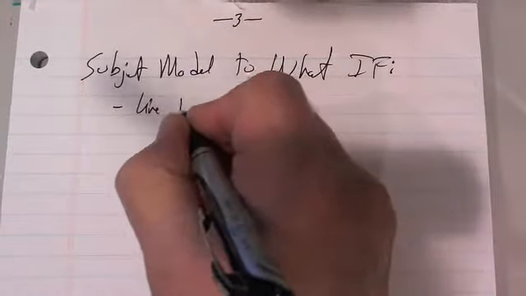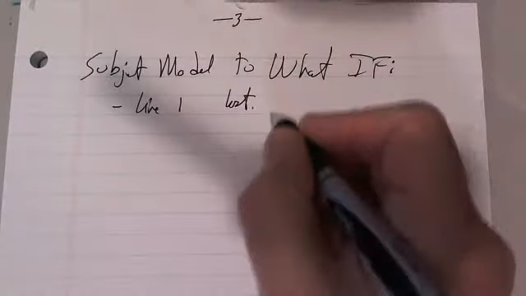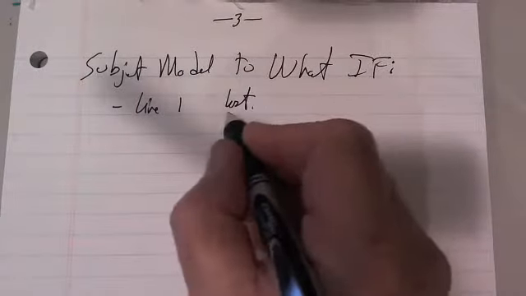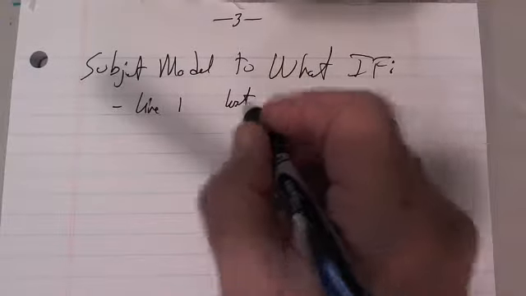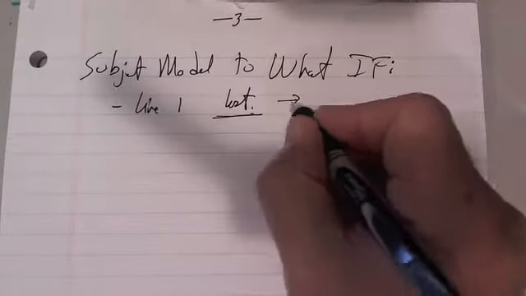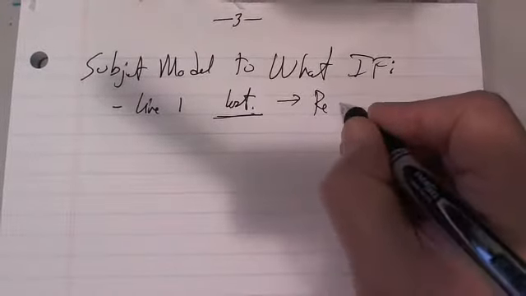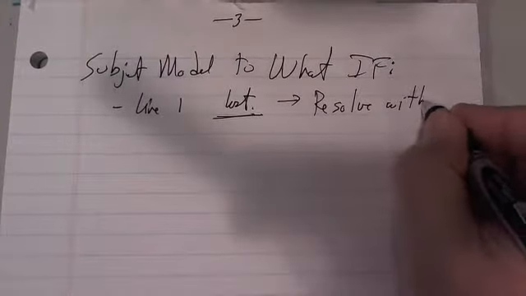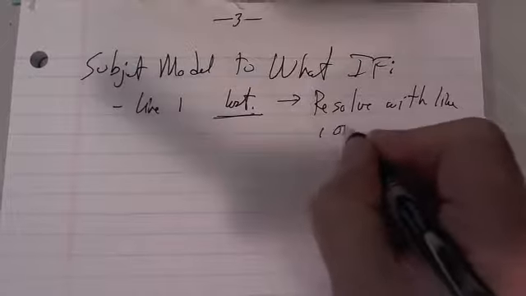What if line 1 is lost? And what we do is we take the model, it's all set up, it's all been initialized to the existing condition, and now we remove line 1 and we resolve with line 1 out.